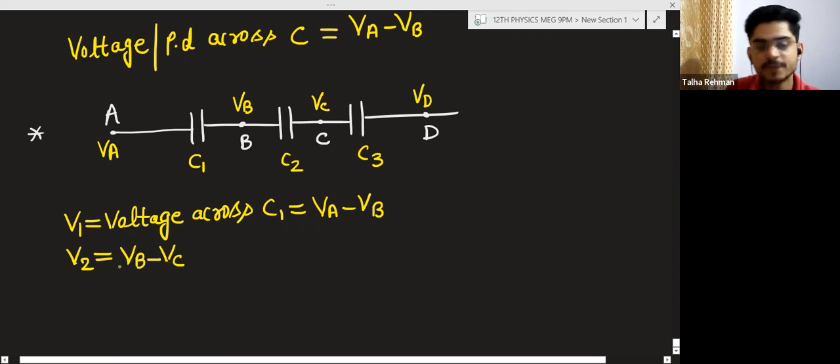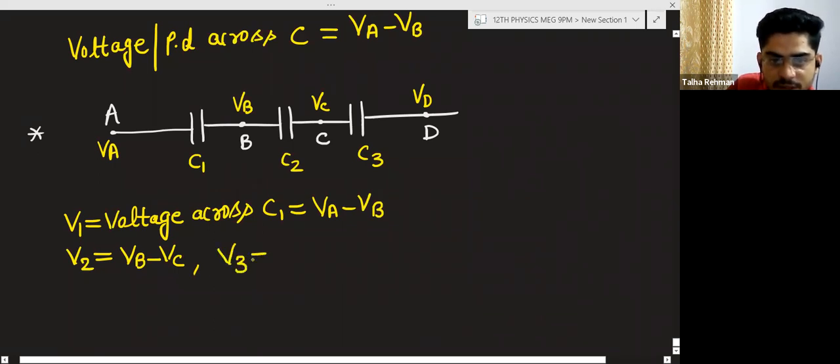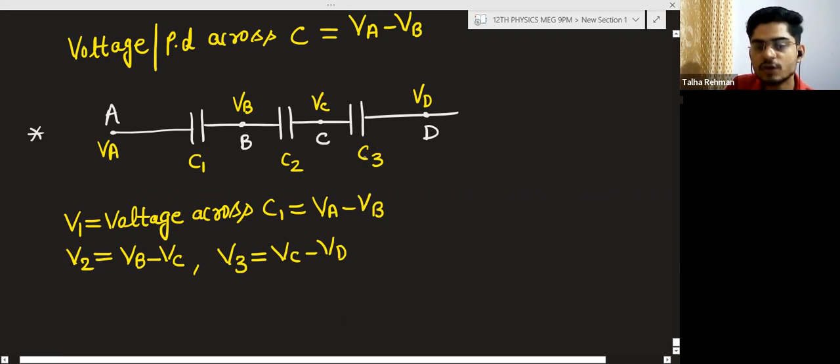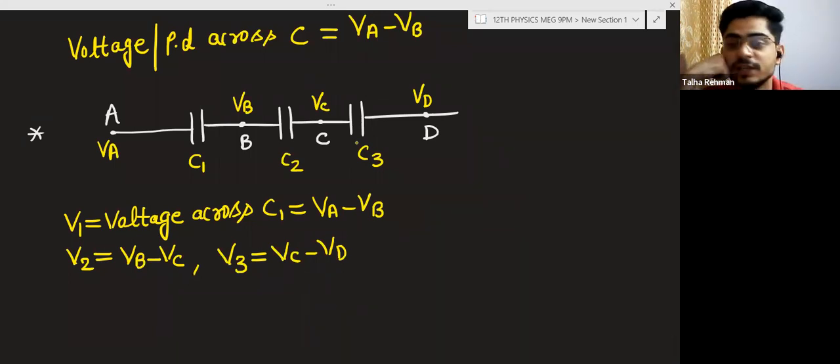Remember, VB is potential and VB minus VC is potential difference, that is known as voltage. If you want to calculate V3, that will be VC minus VD. V3 is the potential difference across C3.